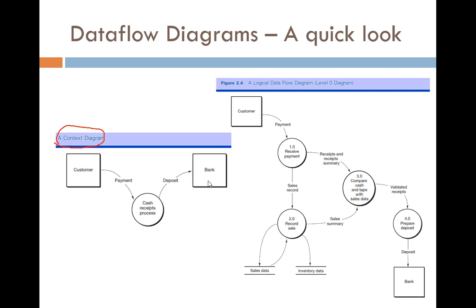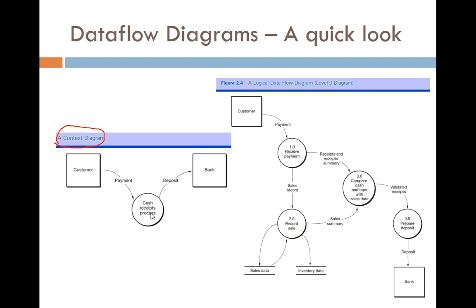There's a lot of theory, or description, understanding you have to have, well, what's external, what's internal, data flows. But this is pretty basic. It says a customer provides a payment. There's some activity called a cash receipts process, and that develops something called a deposit that goes to the bank. And so that's external. But that's a context diagram.